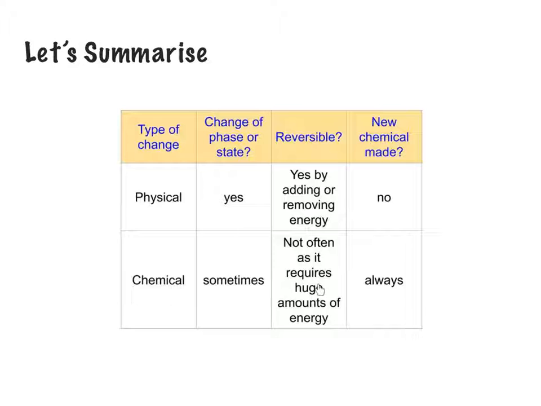And the answer to that is no, not always. Sometimes it's impossible, but that's another story. Now, do we make something new with a chemical change? And the answer to that is a very, very strong always. And I hope that is going to help us better understand what is going on.